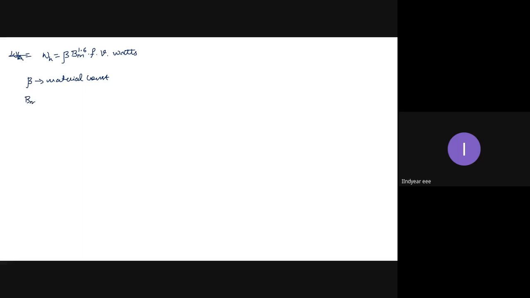Bm is the maximum magnetic flux density in the core. F is frequency. Then V is the volume of the core. So this is how hysteresis loss is given. Is it clear?